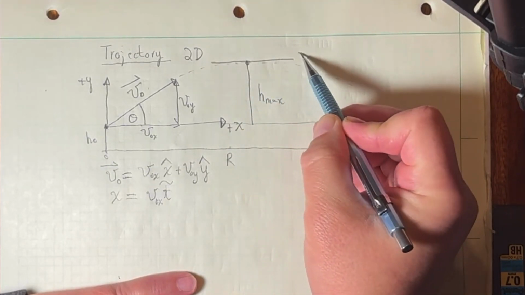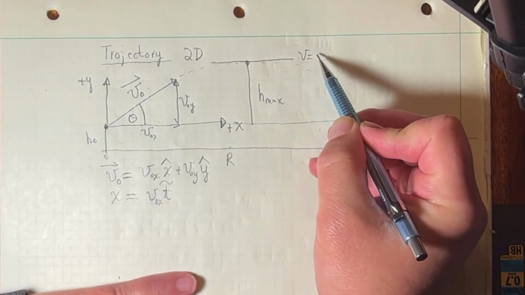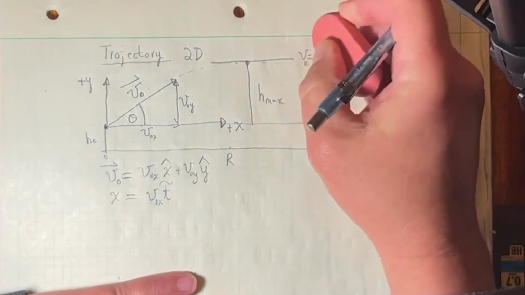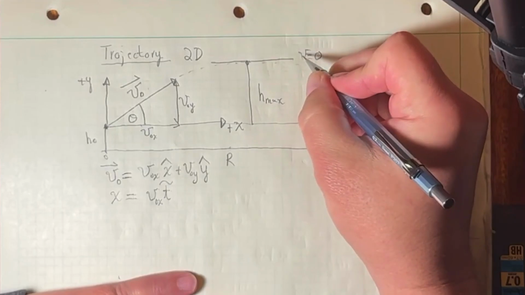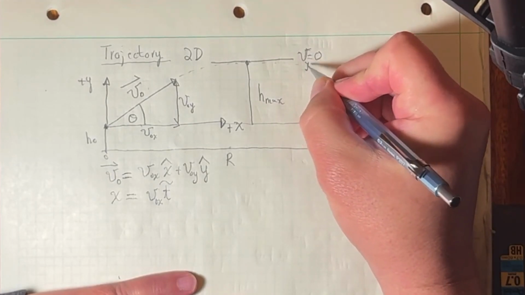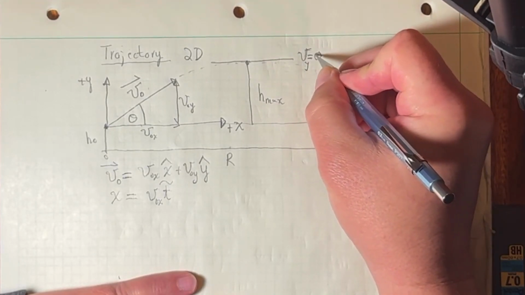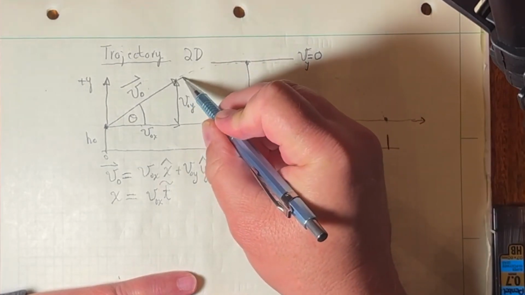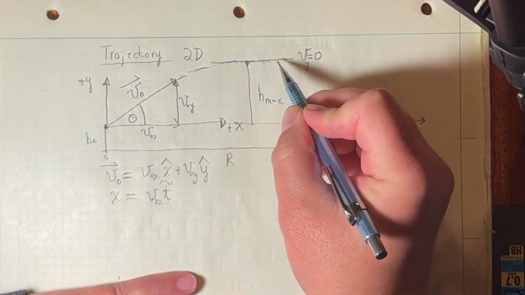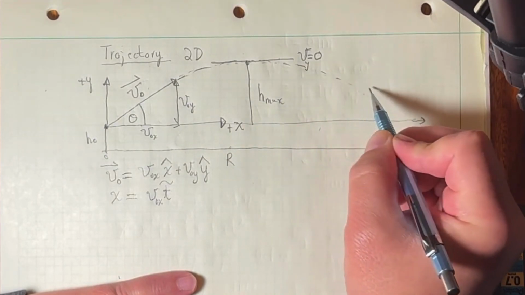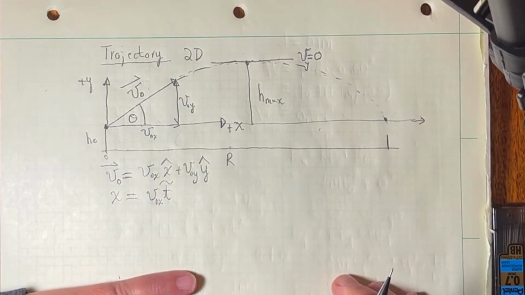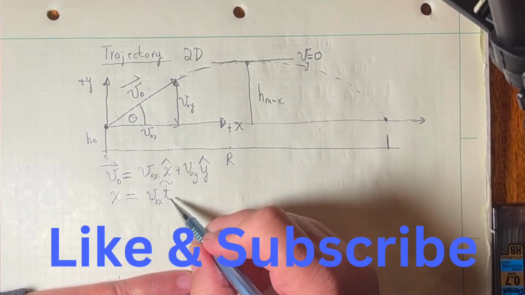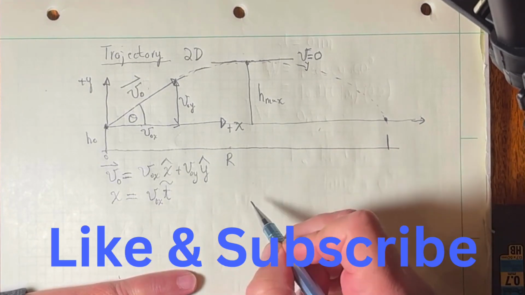And note here, v y, the vertical component of the velocity at the max height, is 0. Sorry, too many subscripts. That's how you get the max height. That's an important concept to know, and we showed that in the 1D vertical trajectory problem. So I drew t with a twiddle on top.